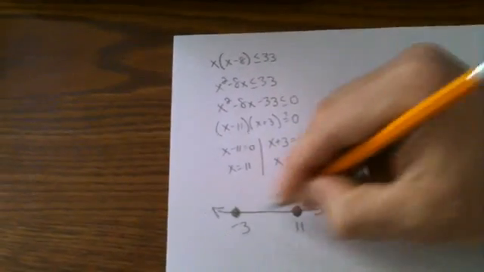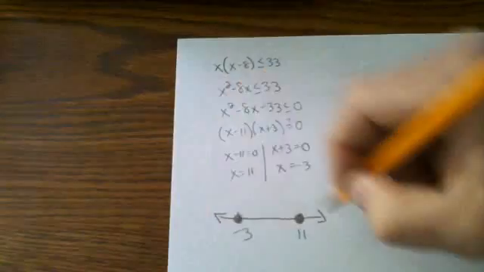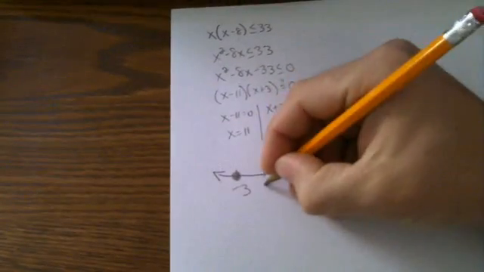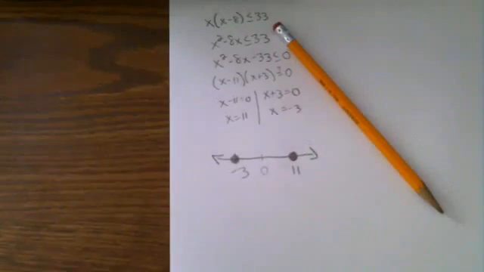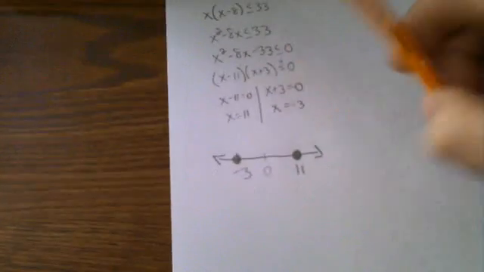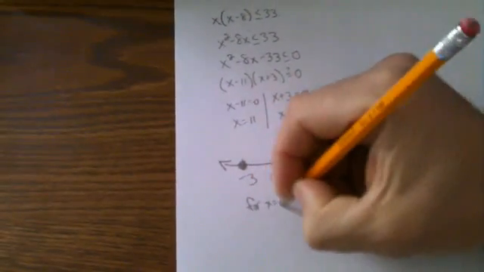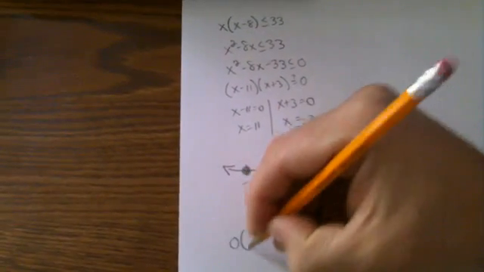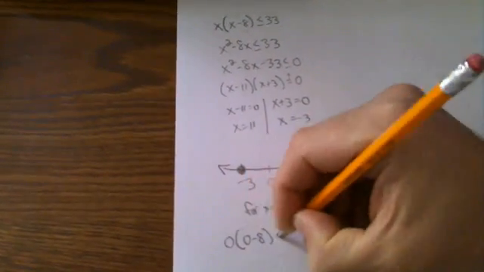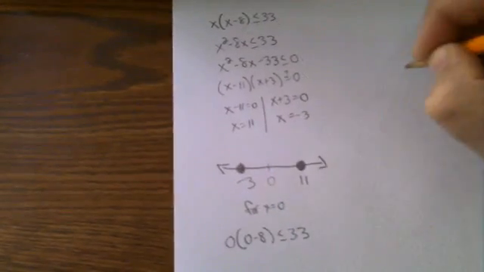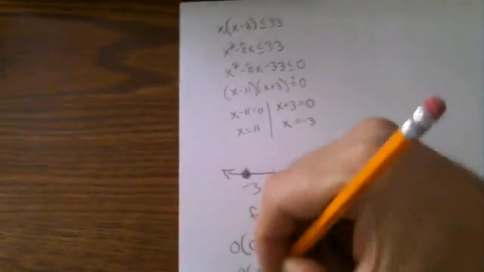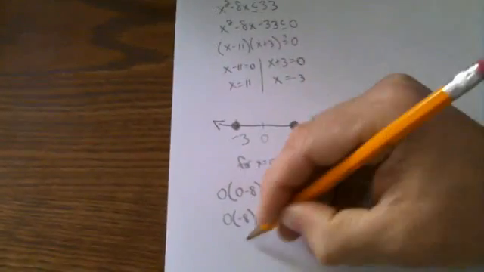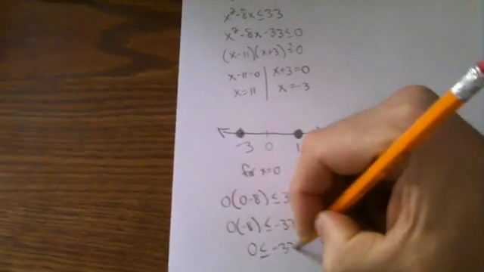We're going to shade either the inside or the outside. One or the other. So let's test the middle. For x equals 0, we're going to plug it into the original inequality. 0 times 0 minus 8 is less than or equal to 33. 0 times negative 8 is less than or equal to 33. 0 is less than or equal to 33.